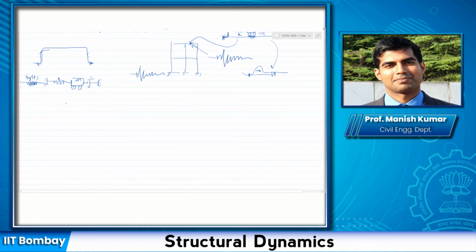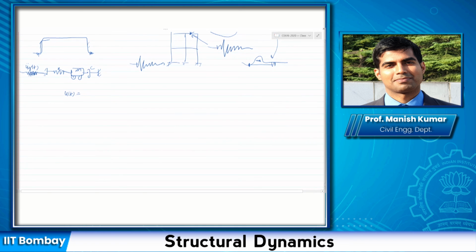And what was the u t for this system? The u t for this system was basically u naught times sine omega t minus phi.